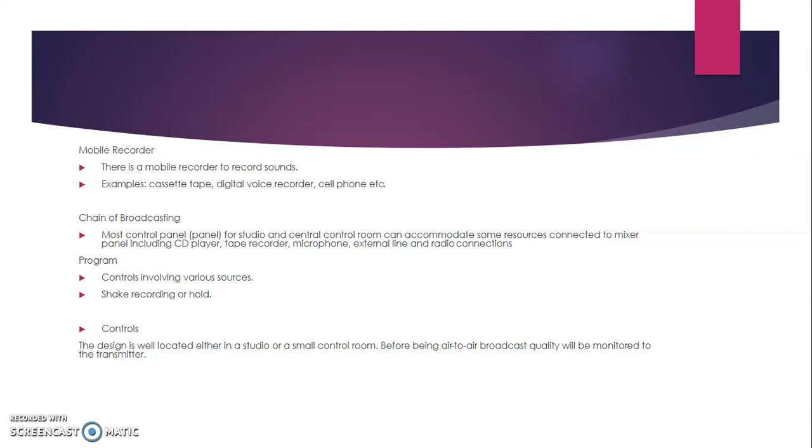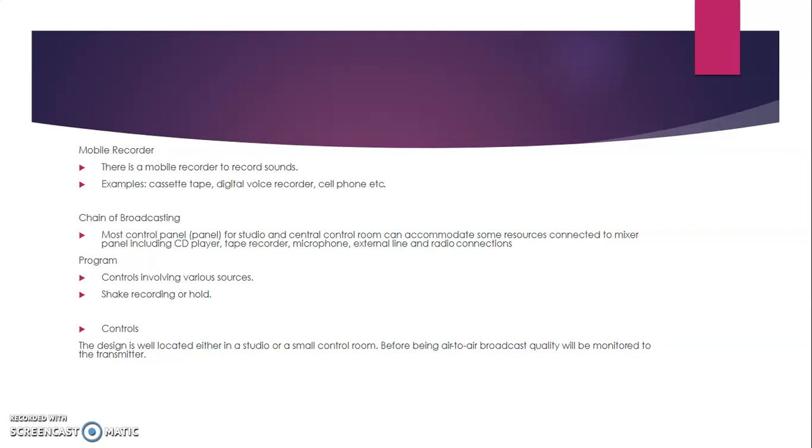Now when we talk about digital, with the computer and so on, the system control, for example. The external line is the connection with the computer, digital, live streaming, internet connection, and so on.